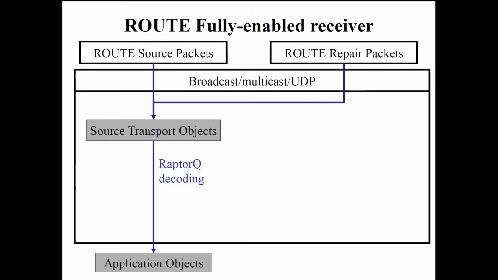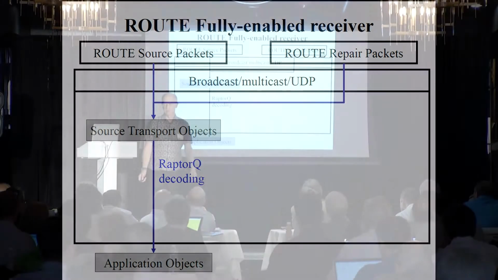If they are fully enabled receivers, they can also take ROUTE repair packets that have been sent, combine those 2 to use the RaptorQ decoder, this should be actually up here, to regenerate the source transport objects and then extract the application objects out of that.